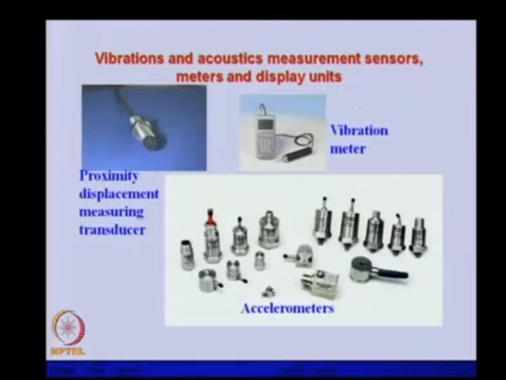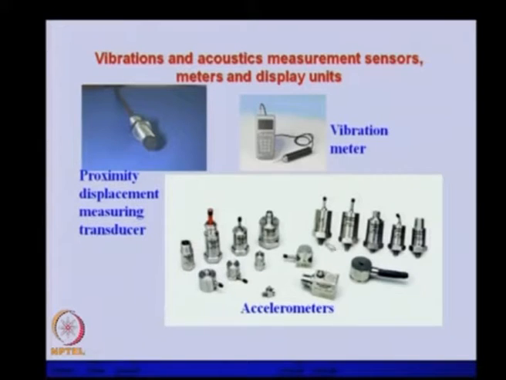Then to collect this data, we have various kinds of sensors. In this we can see one of the displacement measuring proximity probes. There is a variety of accelerometers, which are basically piezoelectric based accelerometers, which give a vibration signal, a voltage signal proportional to the acceleration of the body on which they have been mounted.